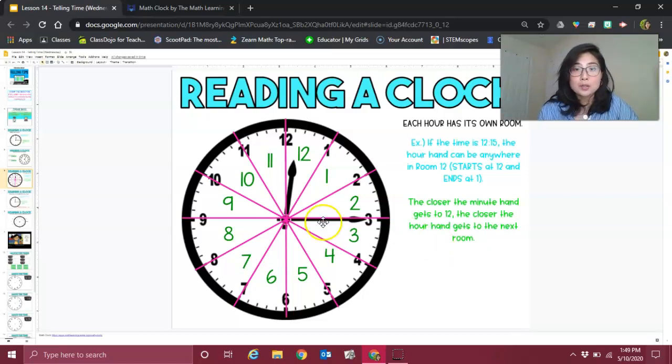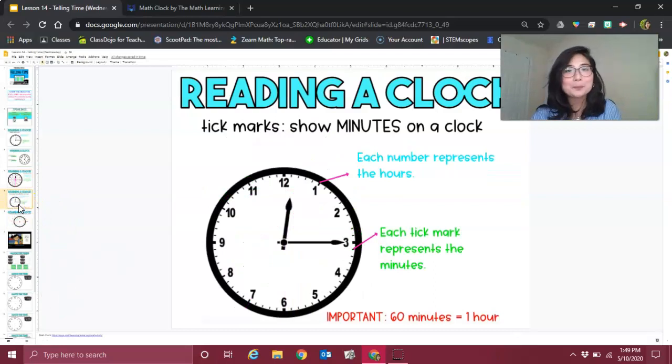So in other words, this minute hand, the long hand right here, as it continues to move all the way around, the closer it gets to 12, guess what? The hour hand moves closer and closer to the next hour. Interesting, so fascinating. I love telling time.